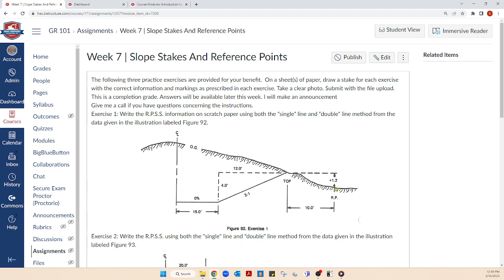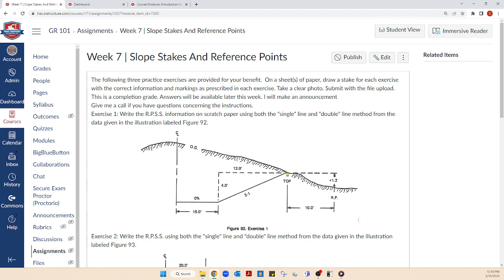in 10 feet, fill plus 1.2. Reference point to slope stake in 10 feet, fill, or just put plus 1.2, and that's telling you where to put your top stake.